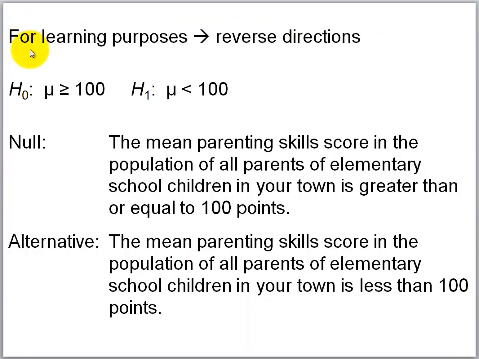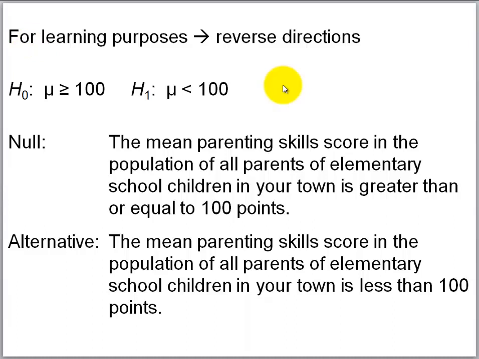Well, there's still more possibilities to consider. For learning purposes, let's go ahead and reverse the directions stated in the null and the alternative. Now, this is for learning purposes. I'll just say intuitively why this might feel odd to you. You're delivering an intervention to help.